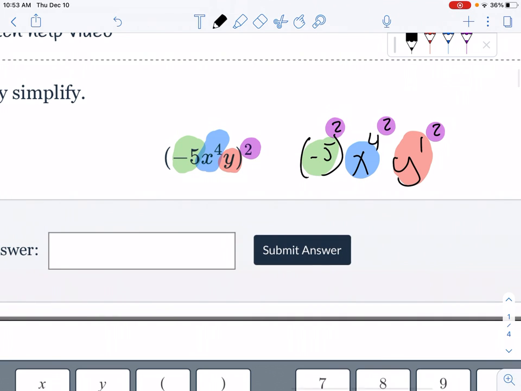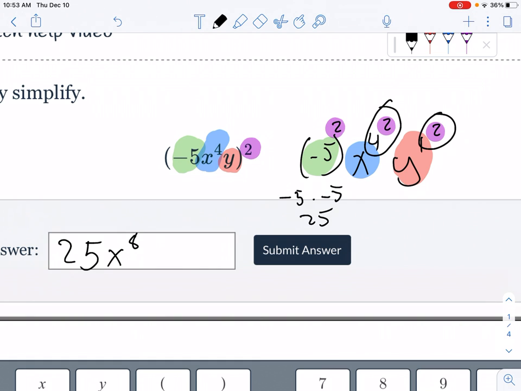And so we're going to do -5 to the 2nd power, which means -5 times -5, which is positive 25. X to the 4th raised to the 2nd power, we multiply, so 4 times 2 is 8, and 1 times 2 is 2.